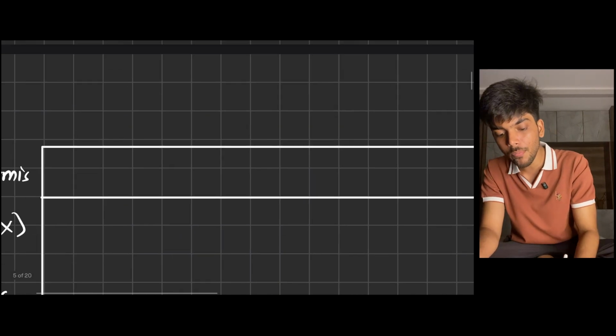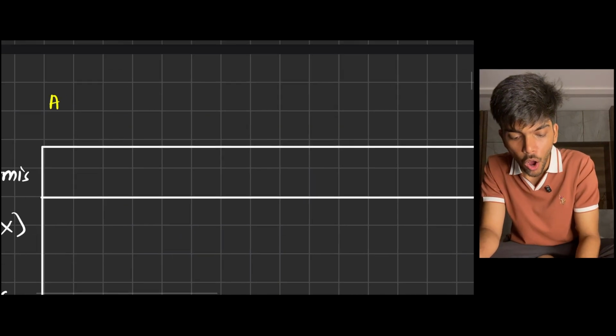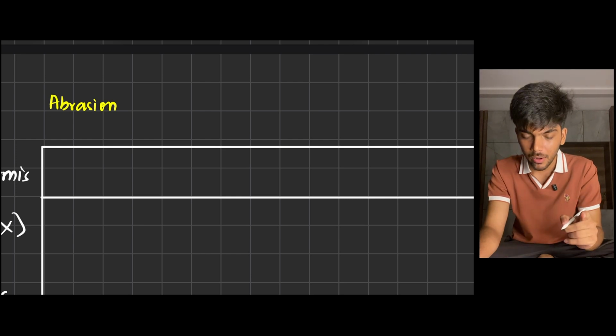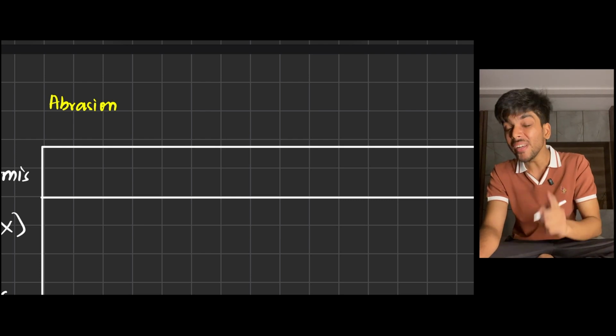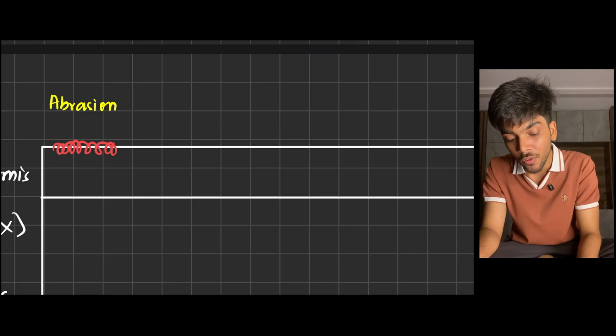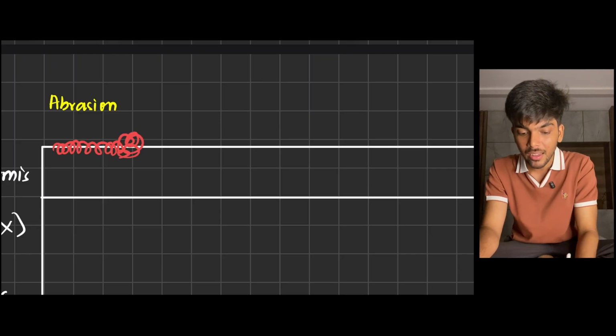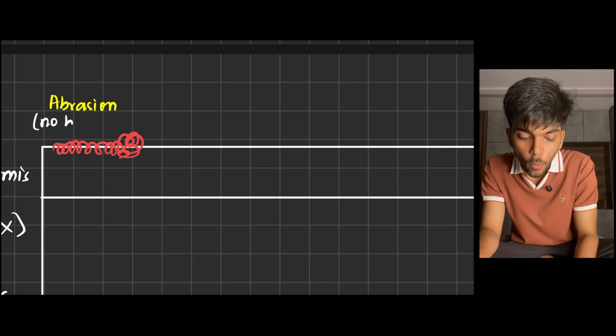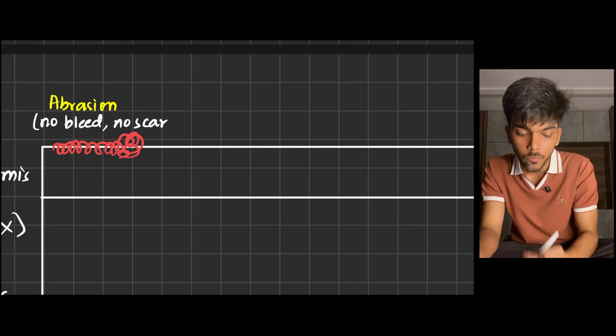The very first type of mechanical injury is abrasion. In abrasion, remember, it is only the epidermis that is involved. There is scraping of the epithelial tissue of the epidermis. As a result, in abrasion, there is no bleeding and there is no scar formation.